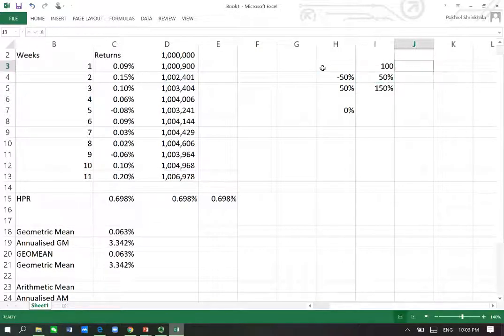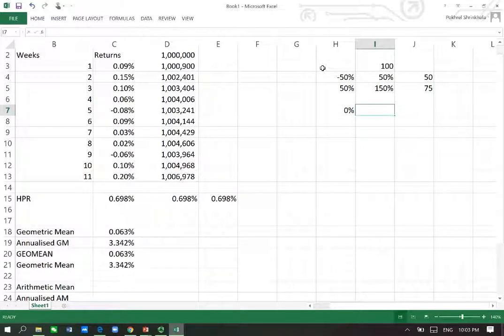So if we start applying it for this investment amount, we get 50 here, and for this amount when we apply the figure, we get 75. So this is the end value of the investment, this is the beginning value of the investment.